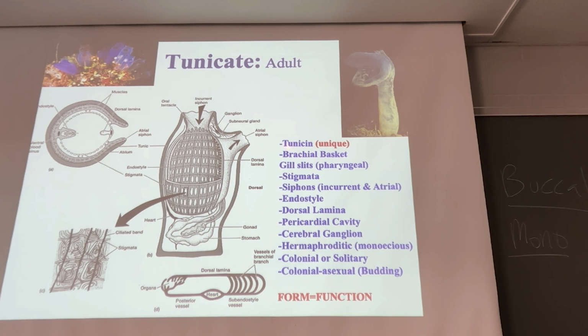All right, tunicin is a specialized cellulose. You guys know cellulose is part of the plant cell wall, right? Well, they have a kind of hard tunic. That's where their name comes from, which is an outer covering that has a bunch of tunicin in it, which is this specialized cellulose that gives them kind of a hard exterior, if you will.